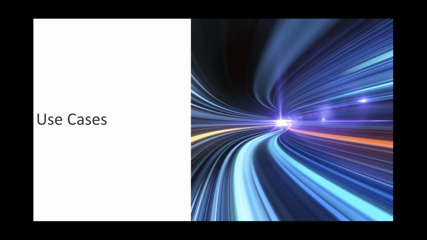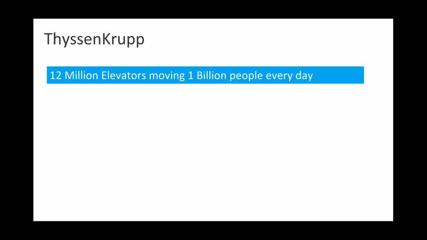Okay, so now let's talk about a few use cases, right, of how enterprises are leveraging cloud and what kind of applications they're building. Okay, so one of the customers I would like to talk about is ThyssenKrupp. ThyssenKrupp is into the elevator business. They're a global company. So they have about 12 million elevators moving 1 billion people every day, okay, worldwide.